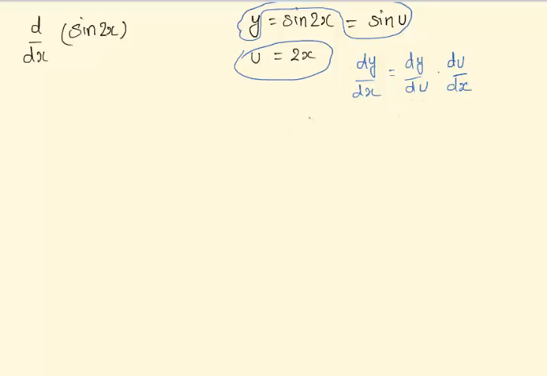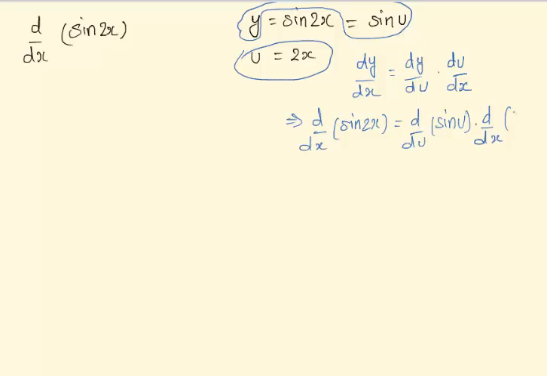So you can write it here that dy by dx of sine 2x will be equal to dy by du. Dy by du is differentiation of y, which is sine u. So d by du of sine u into d by dx of u.